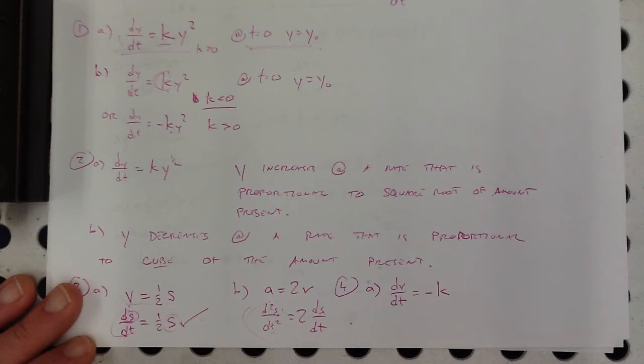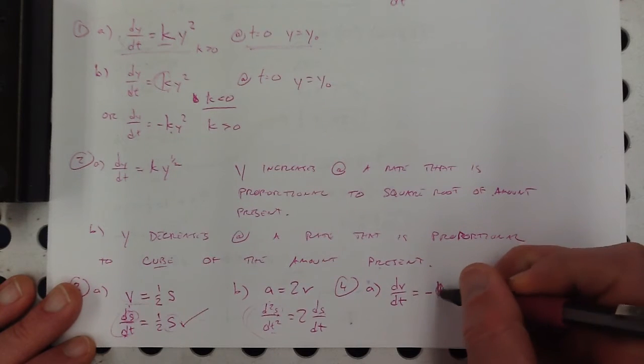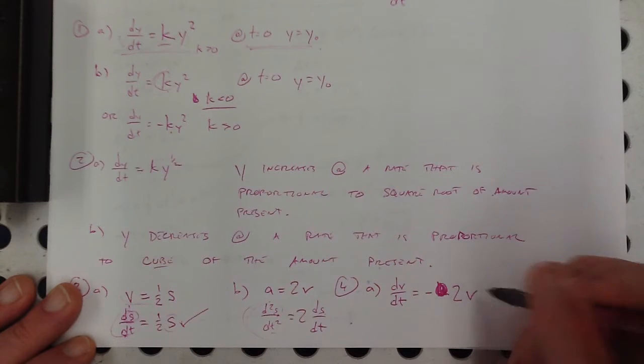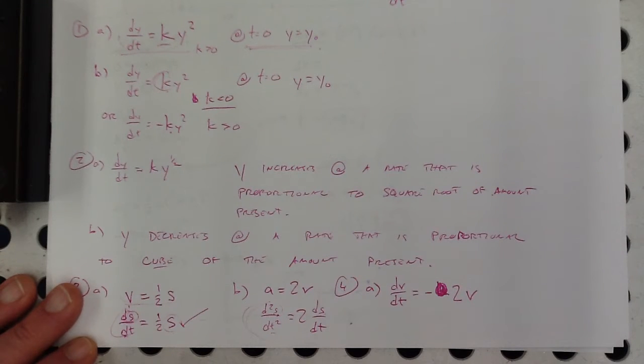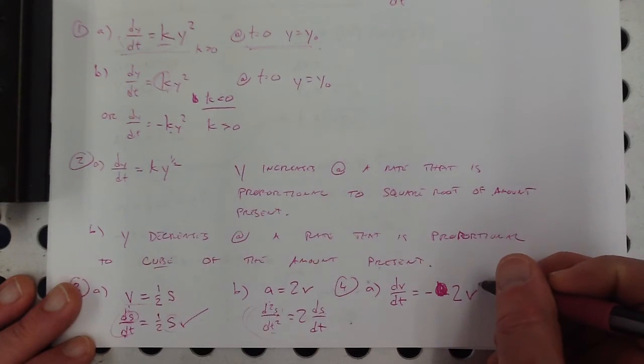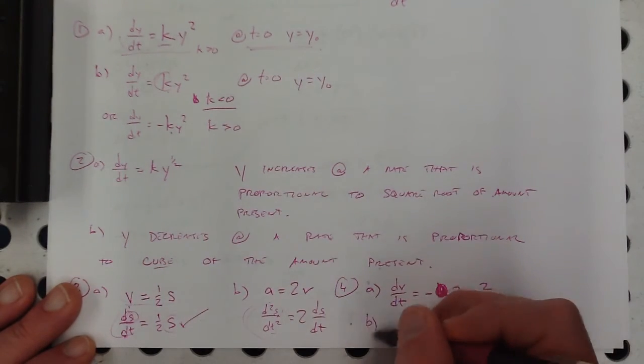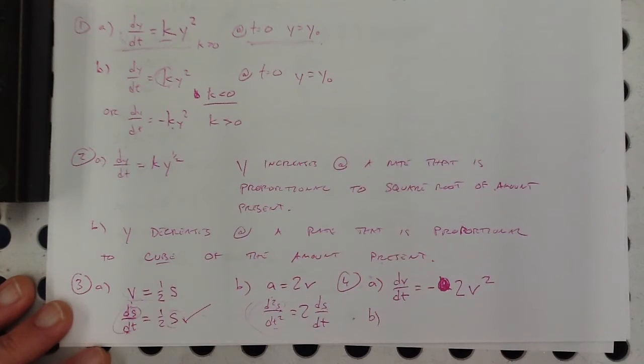Oh, I don't need a constant, I know that it's twice. Sorry. Oh, it's twice the square of the velocity. Hold on. There we go. So I need that there. Okay, so that's all we have to do for A. Just translate that into math.